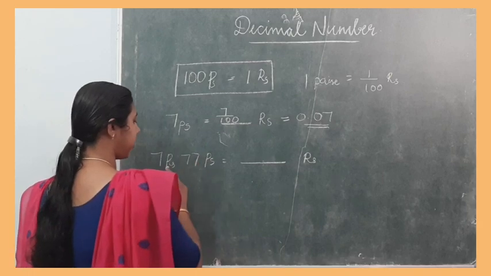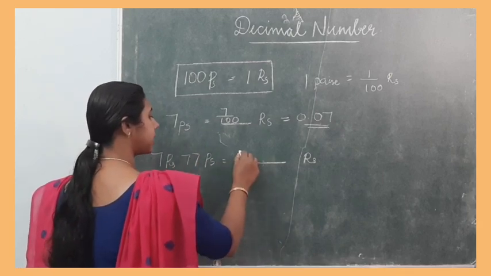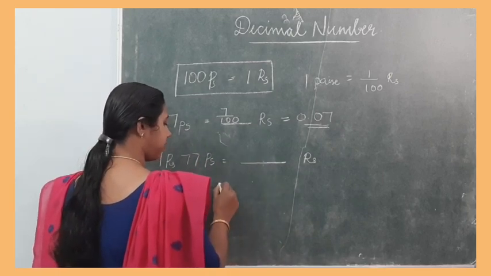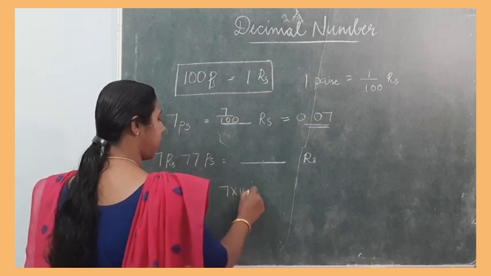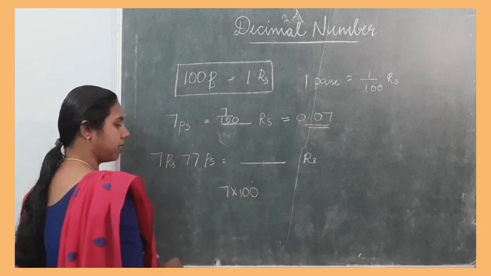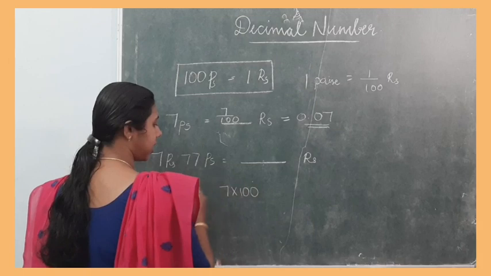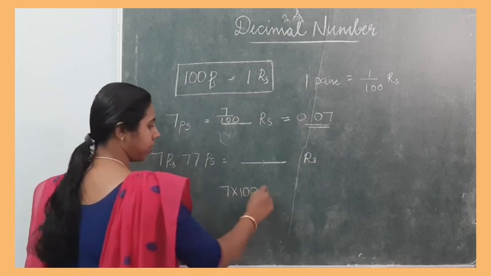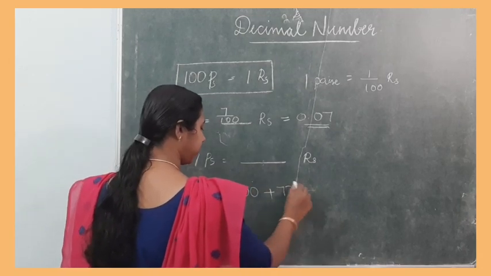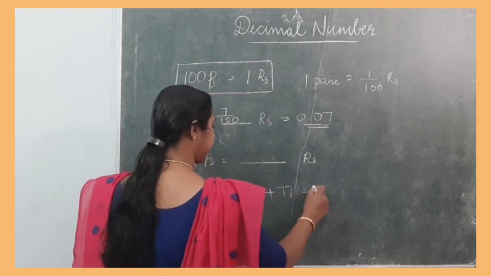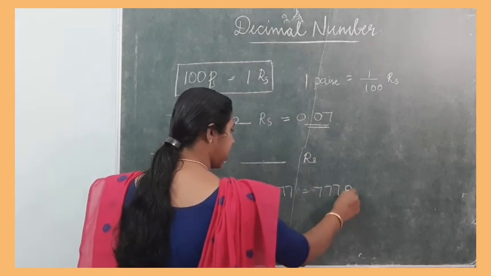So 7 rupees 77 paisa means 7 into 100, that is 700 paisa, plus 77 paisa, so 777 paisa.